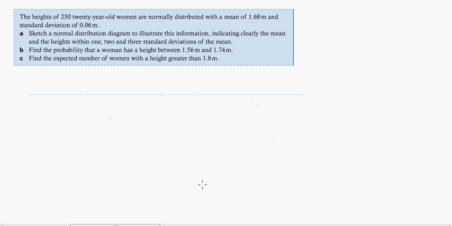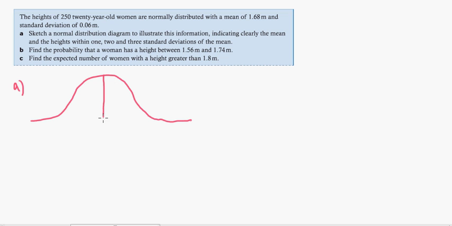Okay, so let's try another problem here just to make sure we got this down. The heights of 250 20-year-old women are normally distributed with a mean of 1.68 meters and a standard deviation of 0.06 meters. Sketch the normal distribution diagram to illustrate the information, clearly illustrating the mean.